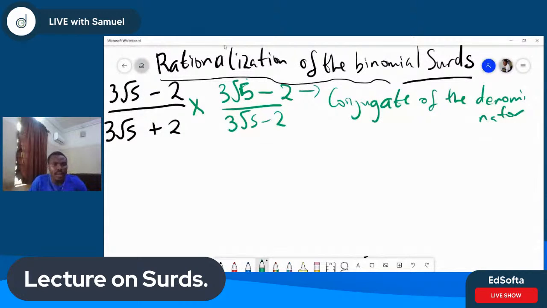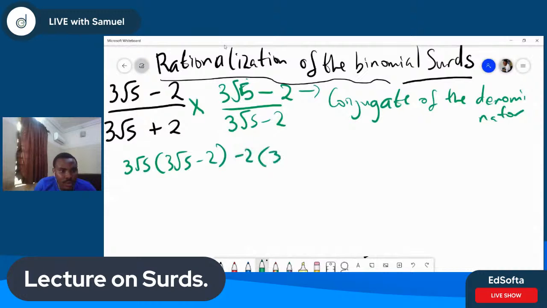This is quite easy. We know how you normally multiply. The numerator will just be 3 root 5 into bracket 3 root 5 minus 2, minus 2 into bracket 3 root 5 minus 2.